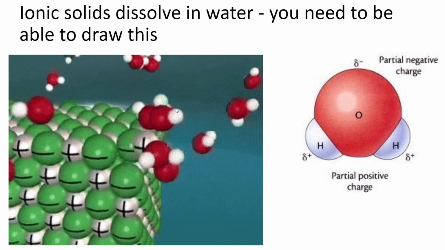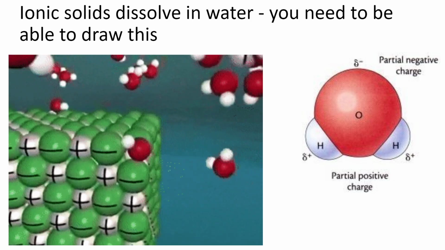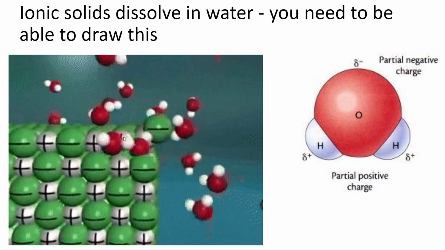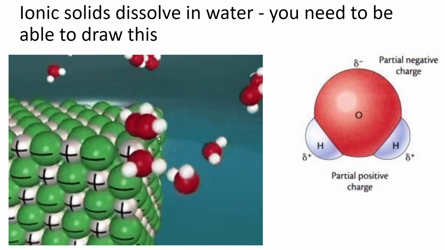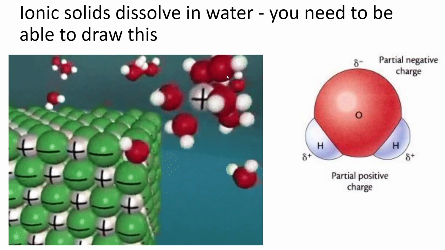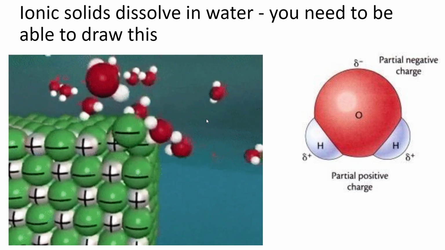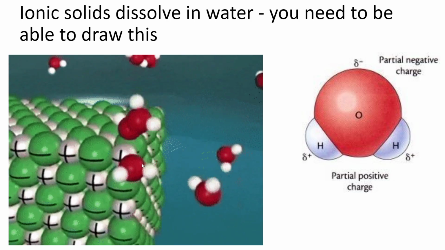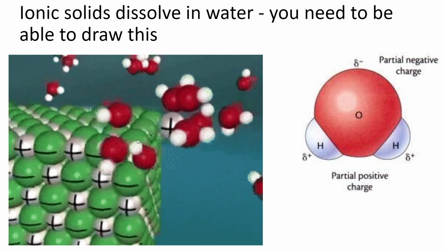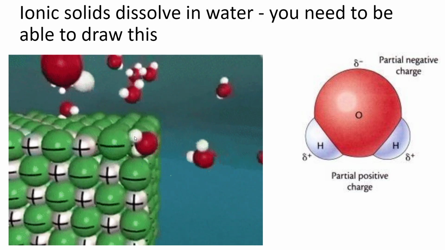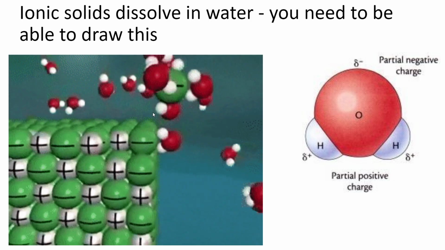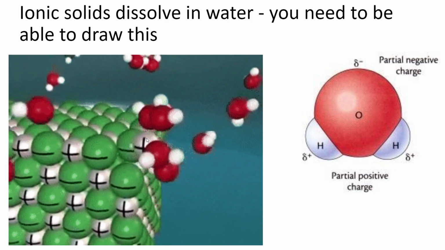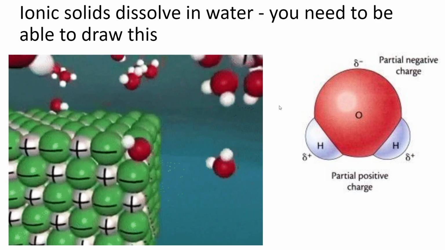And what happens is the oxygens, because they're slightly negative, are attracted to the positive cations, and look, this one's just getting yeeted out of here by all these water molecules. They're surrounding the ions and pulling them apart. The positive hydrogens are attracted to the negative anions. See, look, those two are the hydrogens, they're attracted to this one. And the negative oxygens are attracted to the positive cations. Okay?